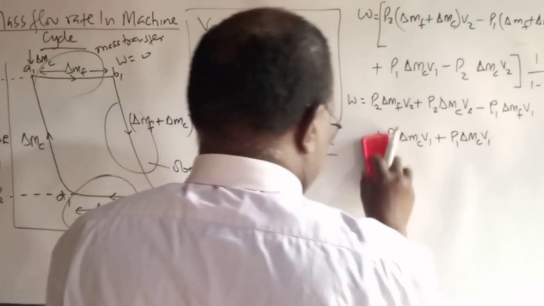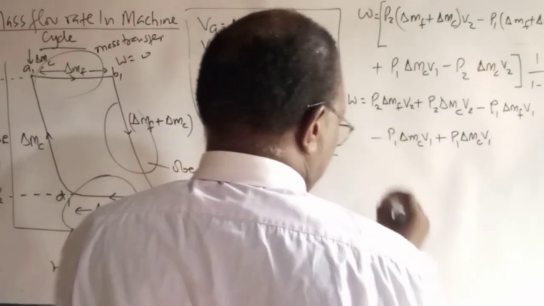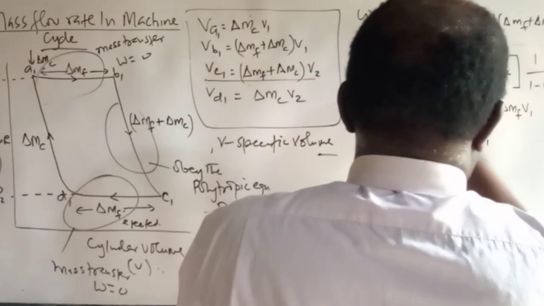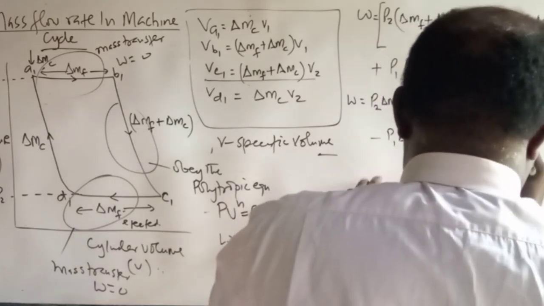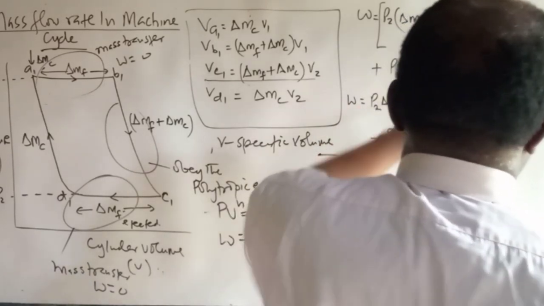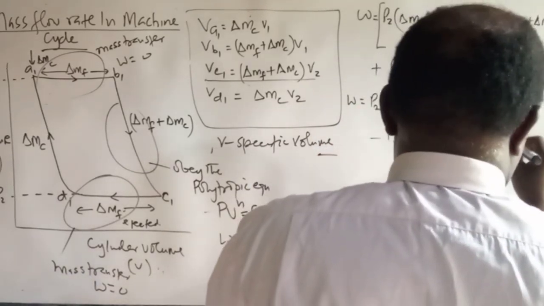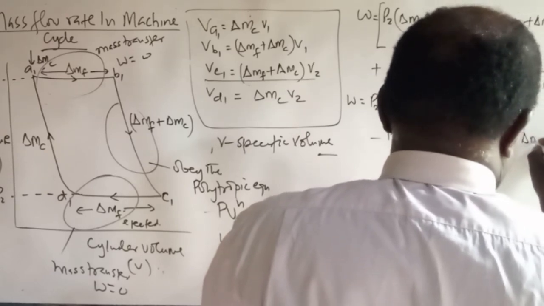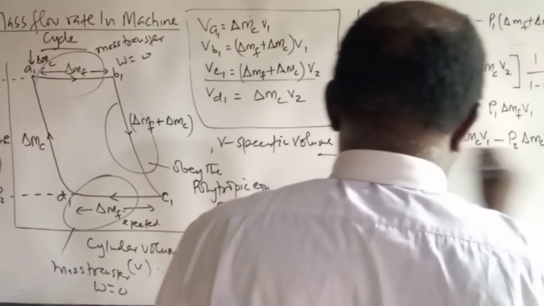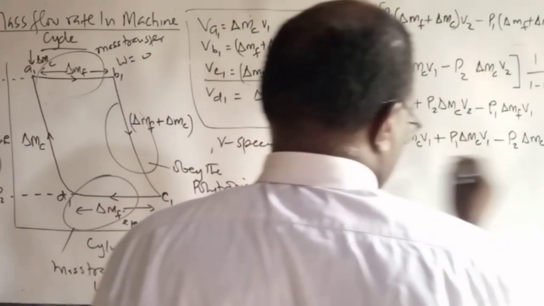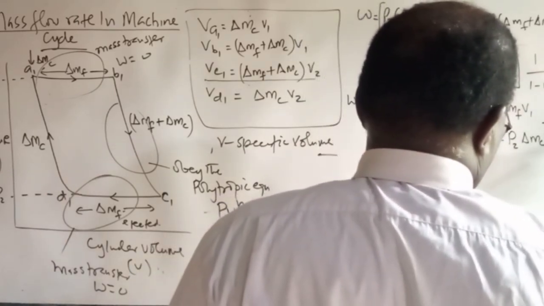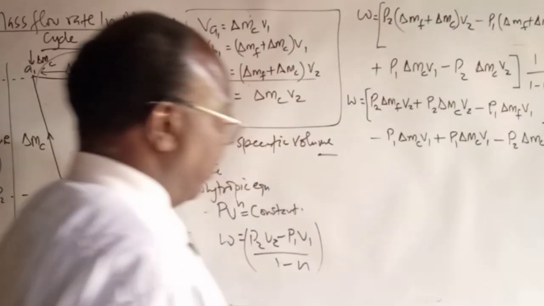That is a minus, not a plus. And we have minus P2 delta MC V2. And all these are factored 1 over 1 minus n.